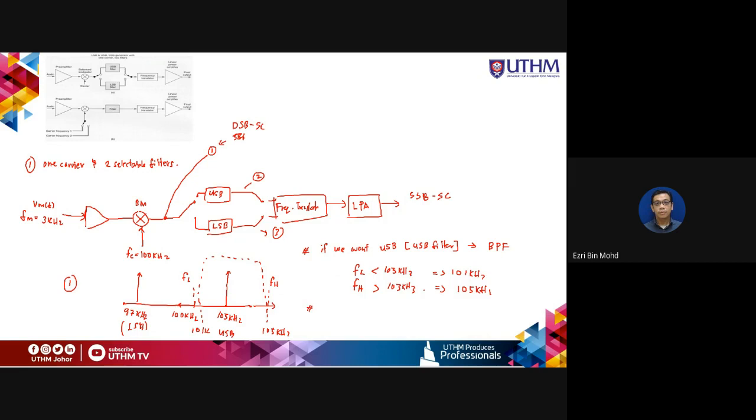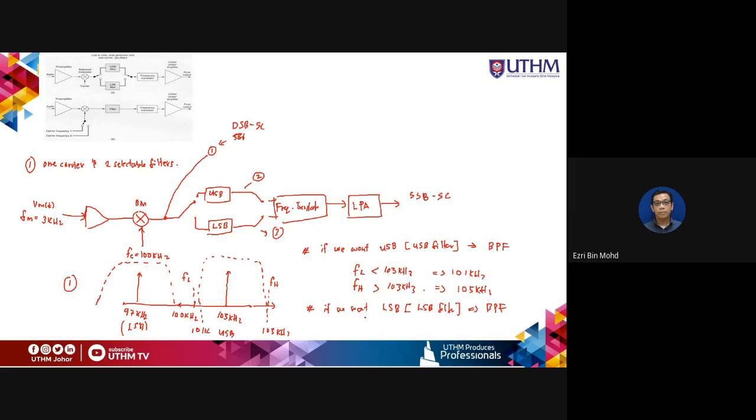If we want to use a lower sideband, we require a lower sideband element, then we use a lower sideband filter. Also we use a band pass filter. So the band pass filter should cover the lower sideband frequency range.